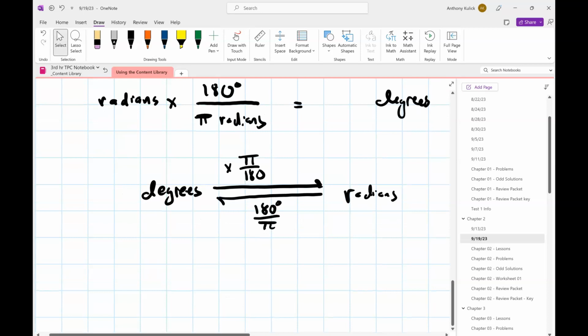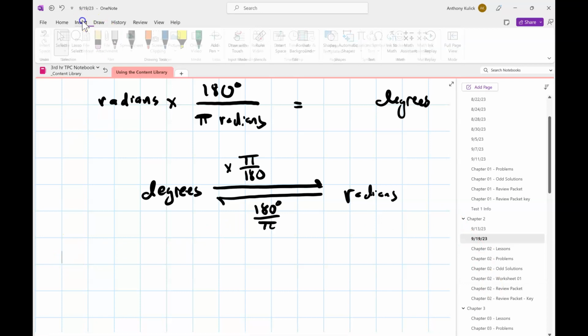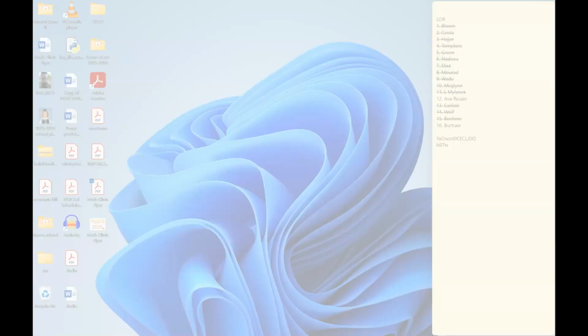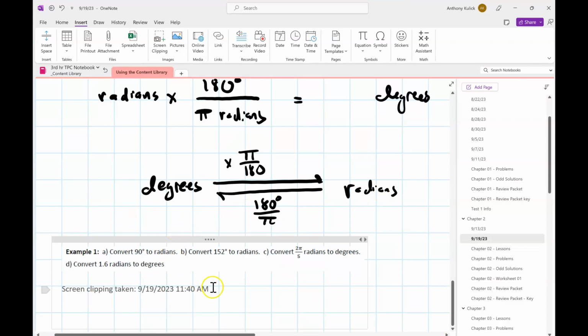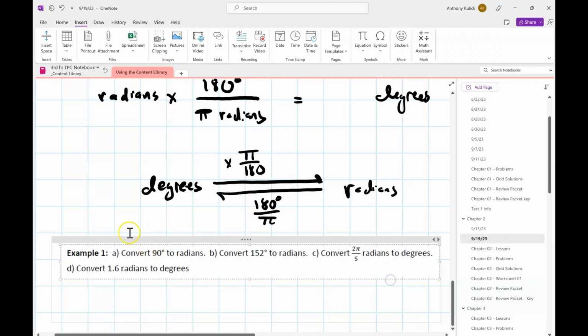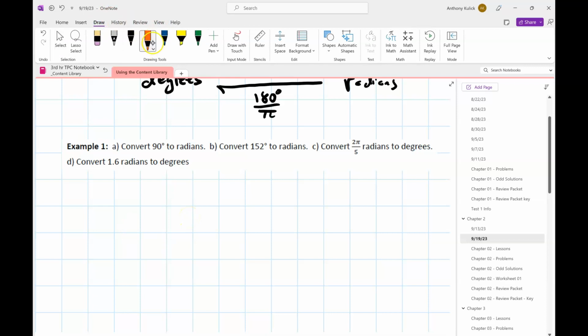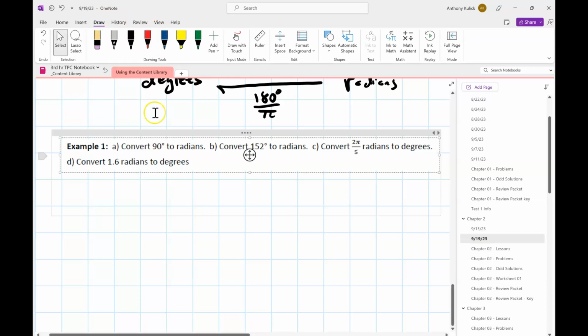Okay, let's do some examples. Dimensional analysis is what you called it in chemistry. Okay.